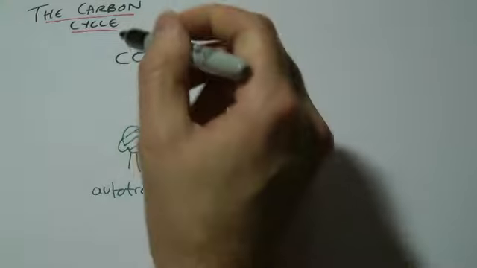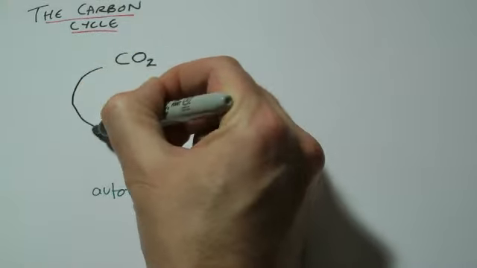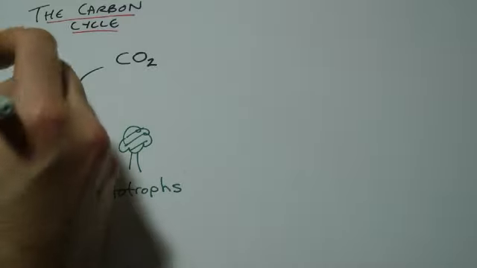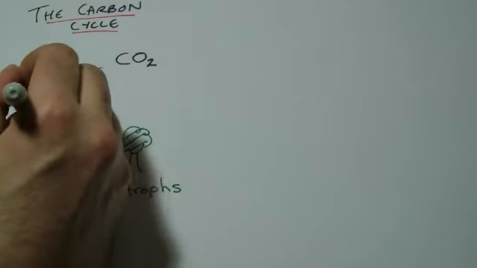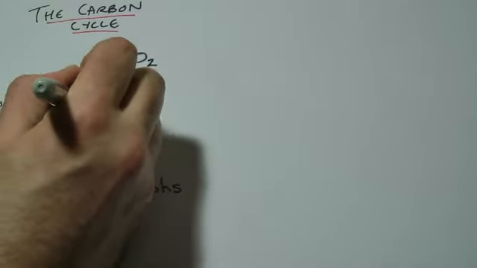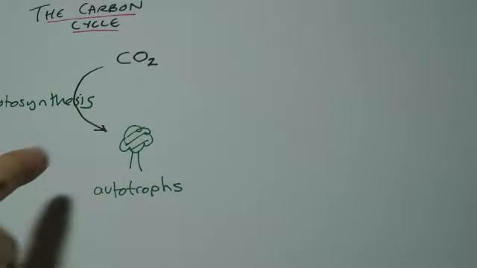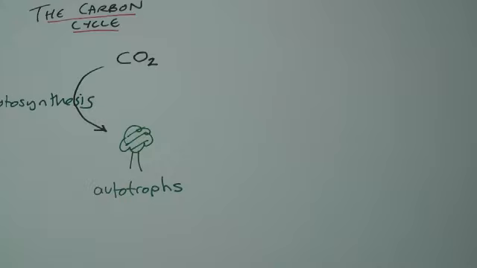So the first step in our carbon cycle is the idea that plants can take up carbon dioxide, and this process is called photosynthesis. So plants take in the carbon dioxide, use it to make sugars, proteins, lipids, whatever it may be.